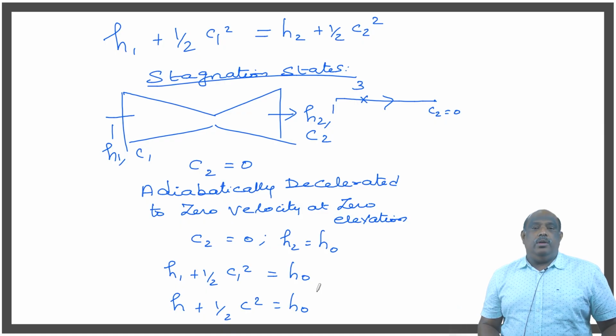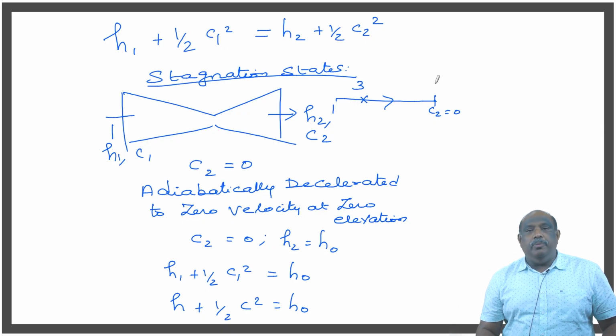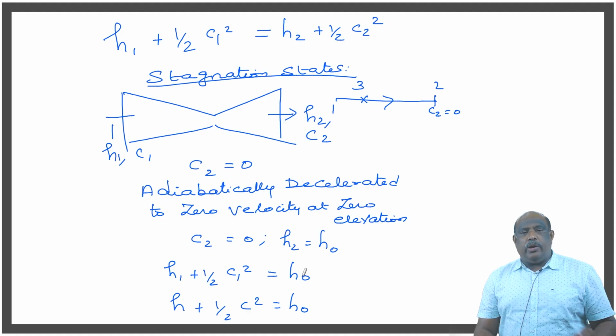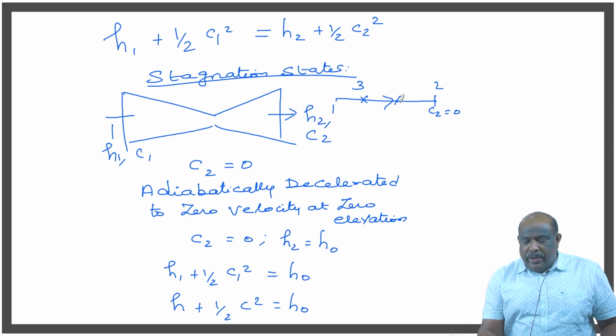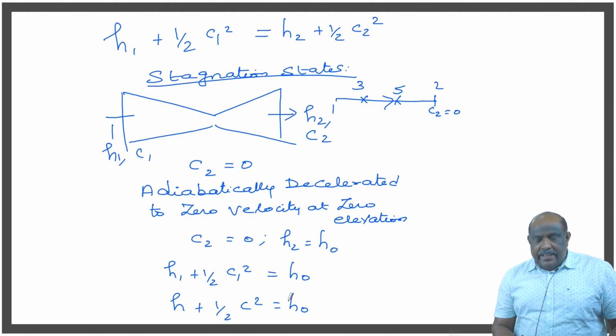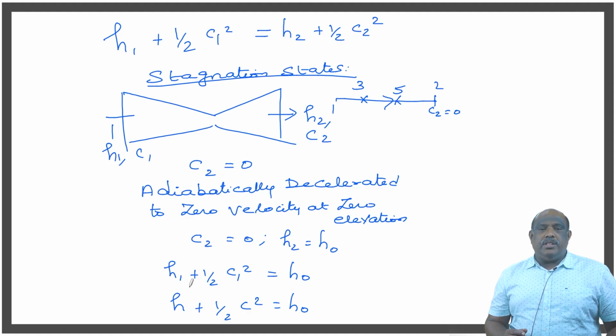Now also, I can make the flow be brought to rest at the condition 2. So the inlet location is not mandatory. It can be at 1, it can be at location 3, it can be at location 5, anywhere. So it is not with respect to the state points, it can be from any location. So you can take the variable. So that is why I replace H1 plus half C1 squared equal to H0 with H plus half C squared equal to what?